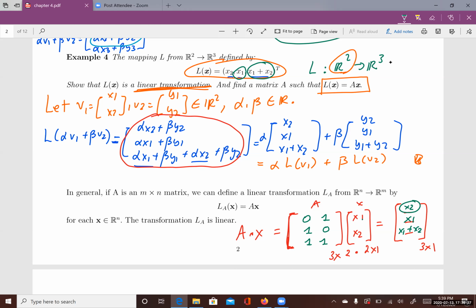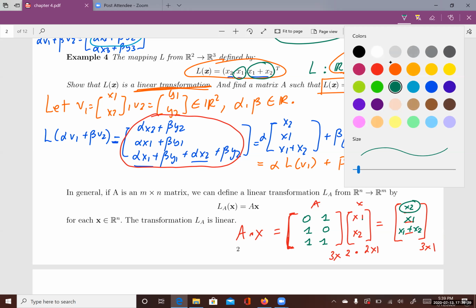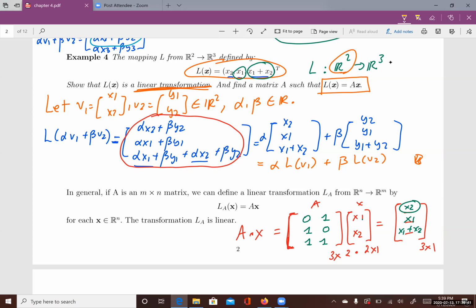So this is the matrix A that I just formed, such that when you multiply this matrix by a vector in R2, you get the same vector as when you apply this map onto the same vector.